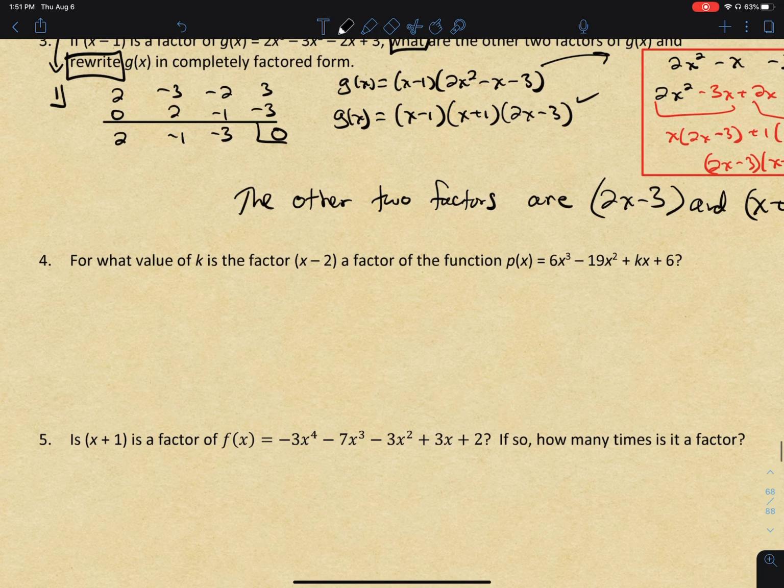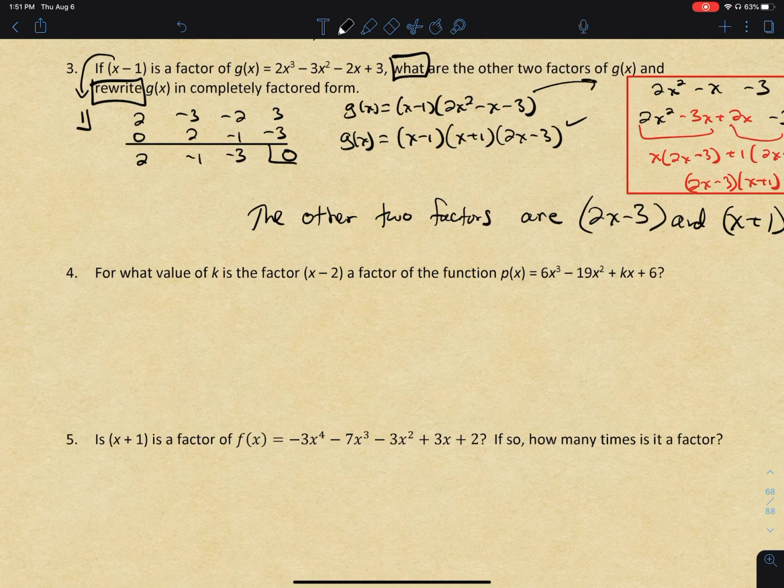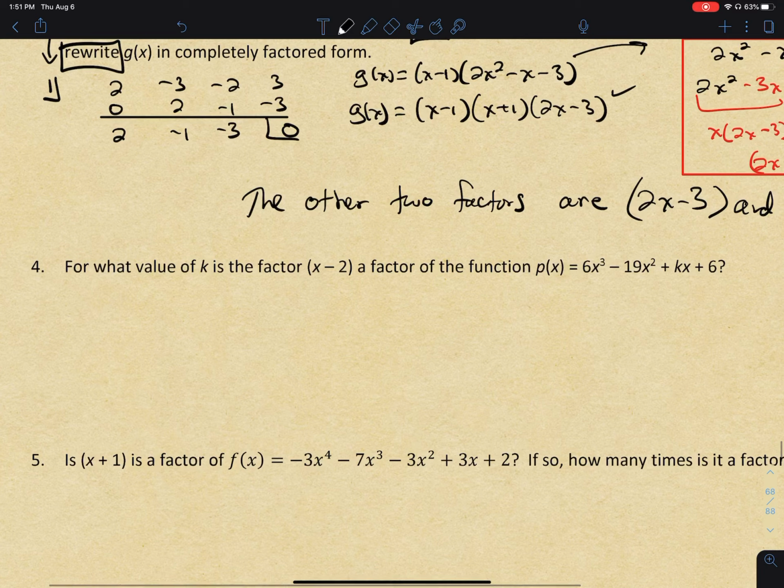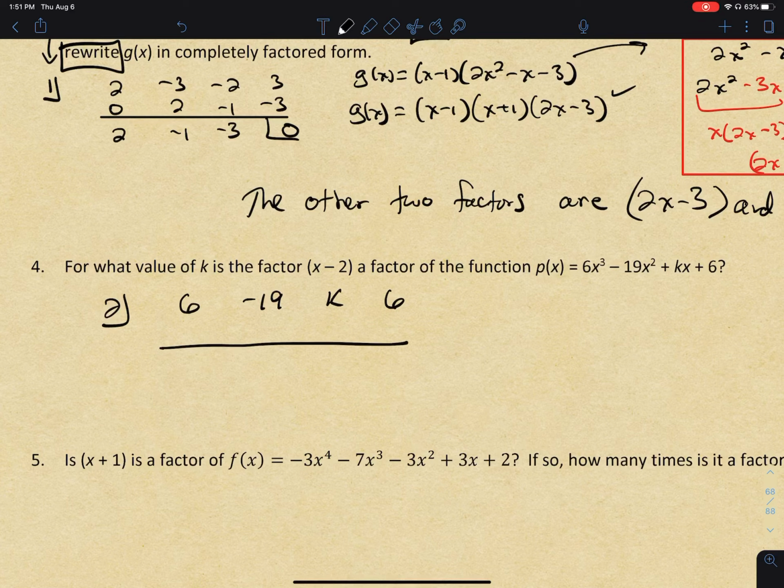So we've done similar things for the remainder theorem. If this is a factor, then that means 2 is a root. So I'm going to be dividing this by 2. And we have the coefficients of 6, negative 19, k, and 6.